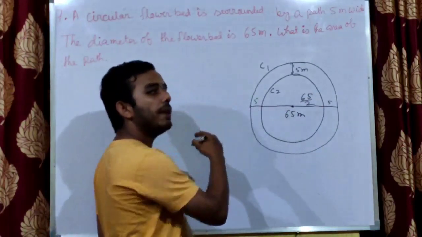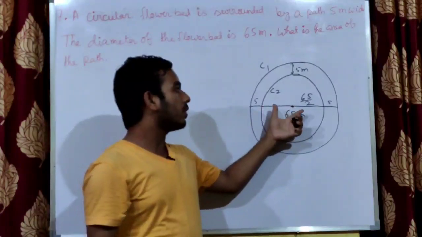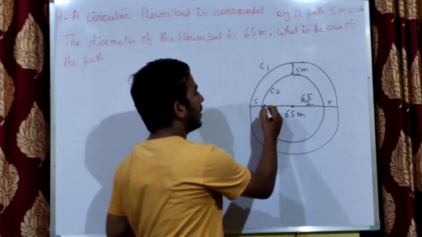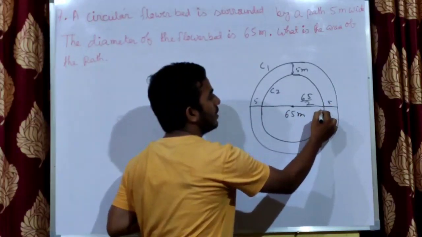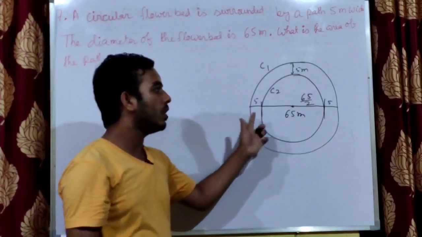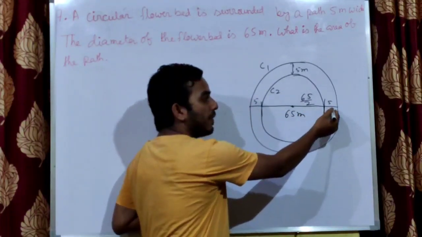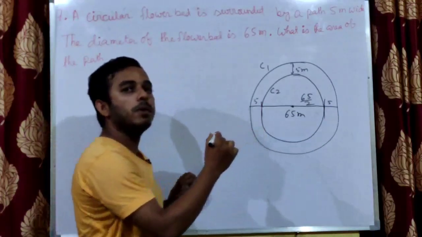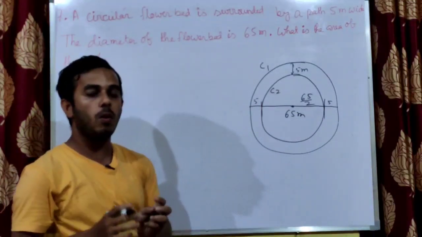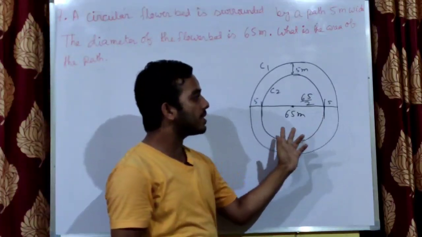Now how will you find its diameter? Now we know the length of this part, right? Its distance is 65. So towards the right side we have added 5 and towards the left side we have also added 5. All total we have added 10, right? So 65 plus 10 is how much?